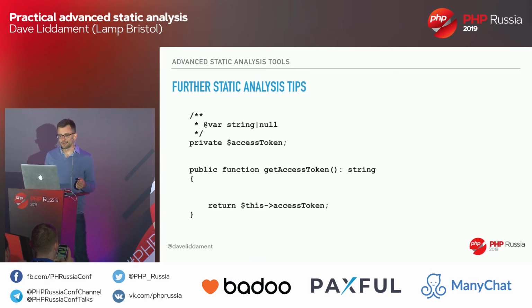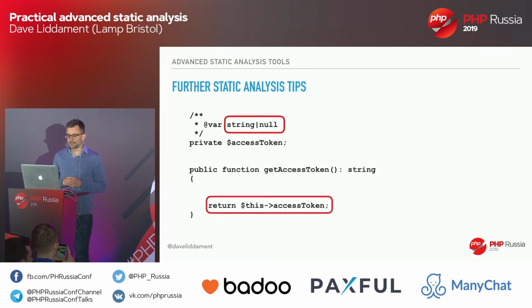So the first thing we have to do is say the access token could be string or it could be null. So then the implementation of getAccessToken is I'm just returning this access token. And the problem we have here is we are saying I'm going to return a string, but there is a chance the access token, the private data, might be null.